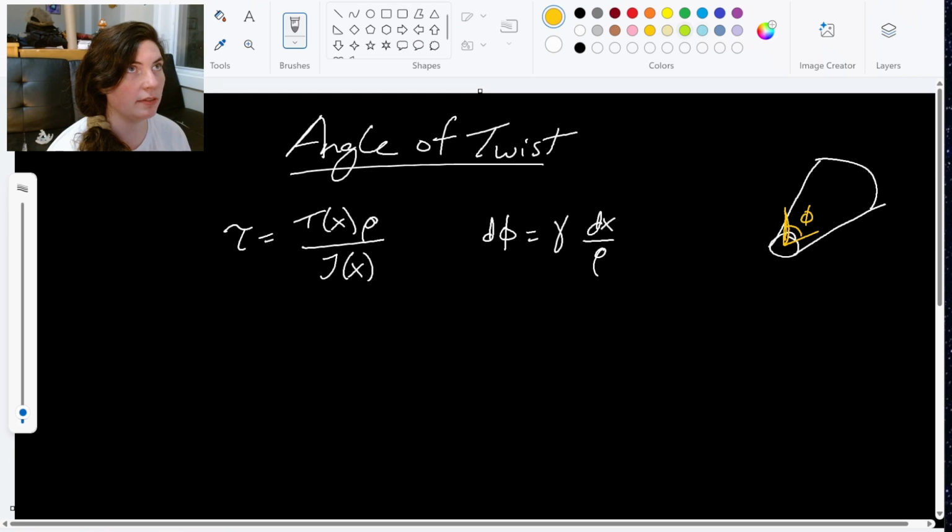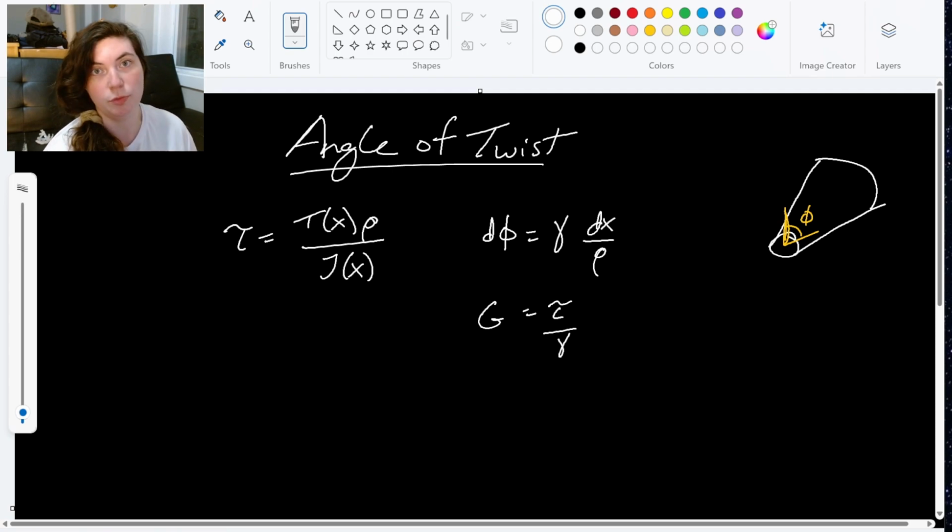And then we also have the relationship of our shear stress and strain, right? We can relate these two together with our shear modulus of elasticity, G. So we have all of these formulas we can use to talk about torsion and describe things. We can also use our power transmission formula to talk about torque and our rotational movements.